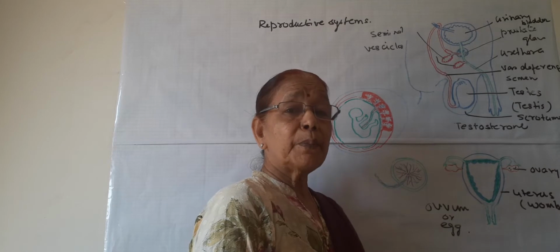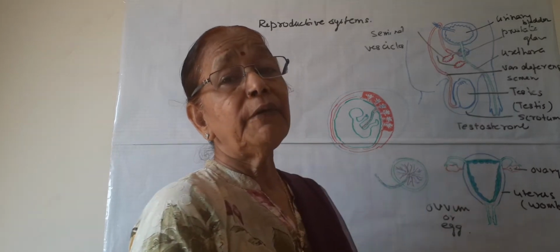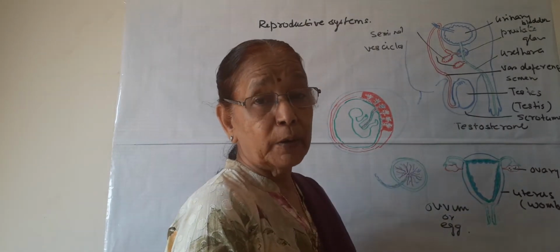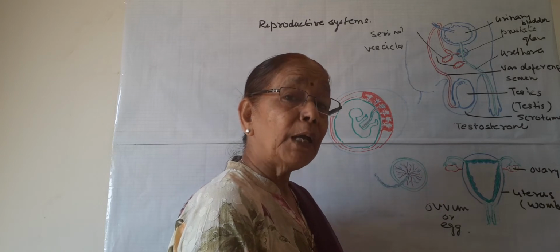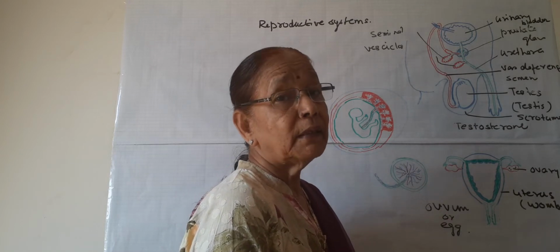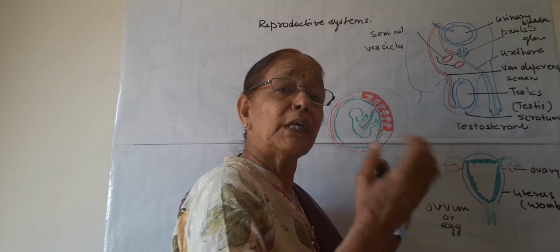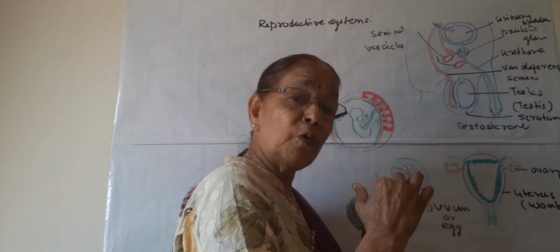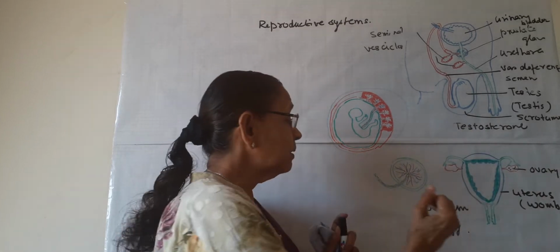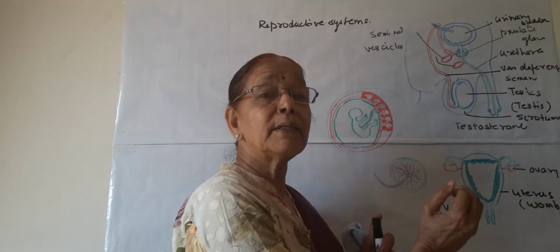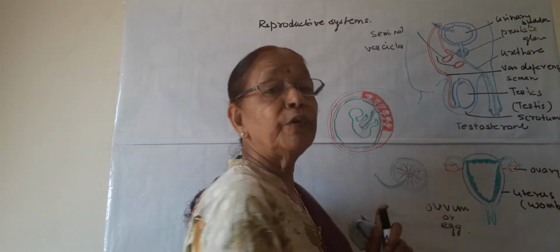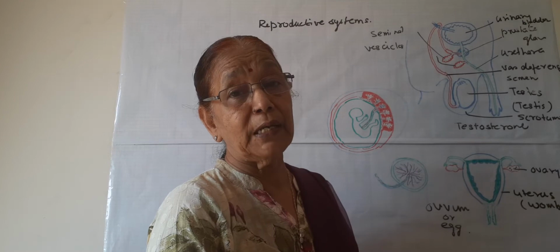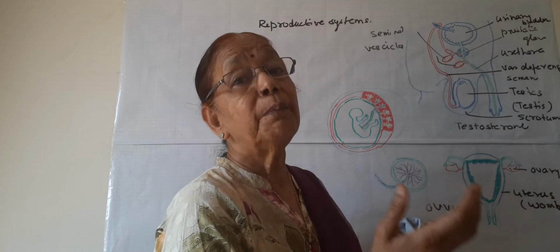You must be surprised to know that when a baby girl is born, at the time of her birth, when she was even in her mother's womb, thousands and thousands of immature eggs are present in the ovaries of a baby girl child before her birth.